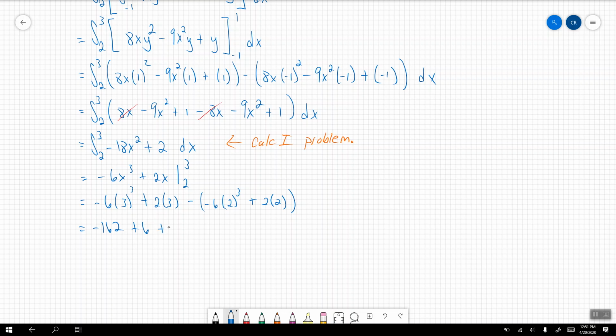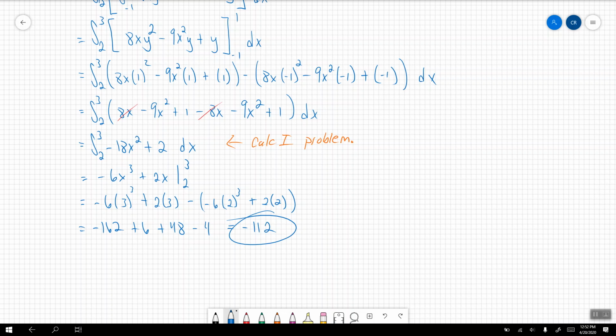Negative times a negative is going to be positive, so that's going to be plus 48. And then negative in here, so it's going to be negative 4. So then all we have to do here is just go through and add everything. So 48 plus 6 minus 4 minus 162, that should get us negative 112. And that's the final answer.